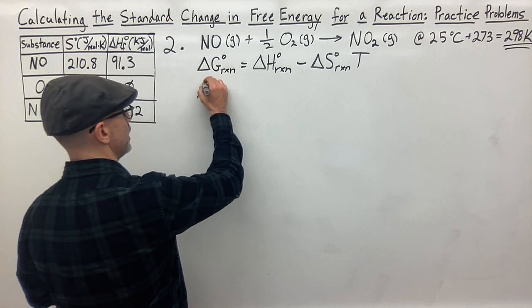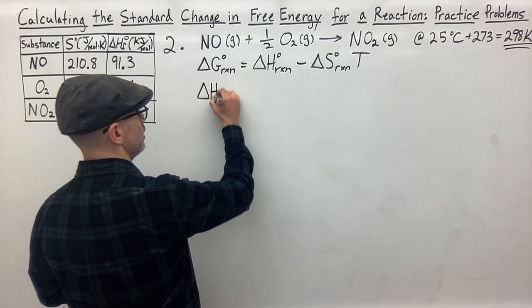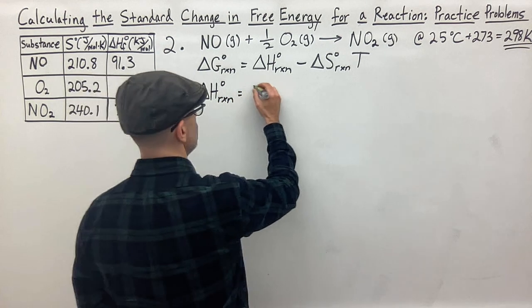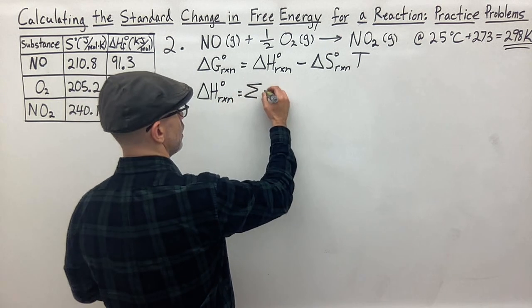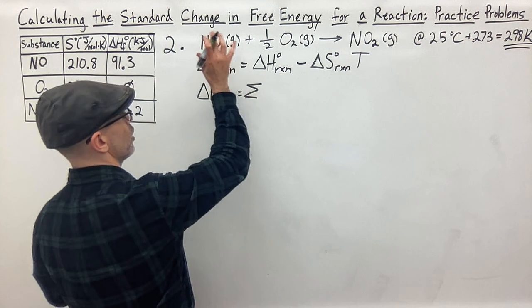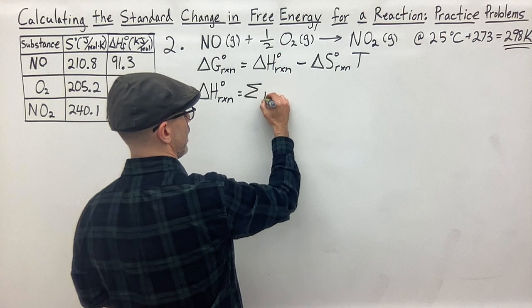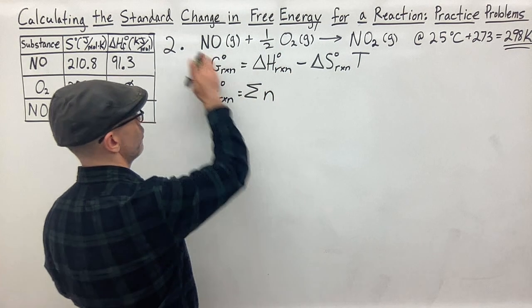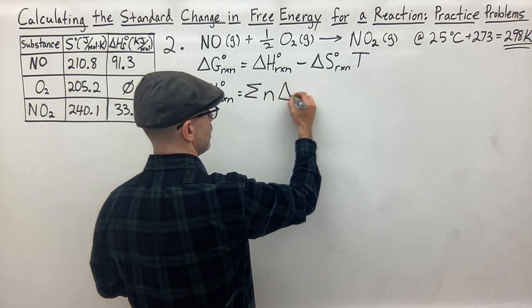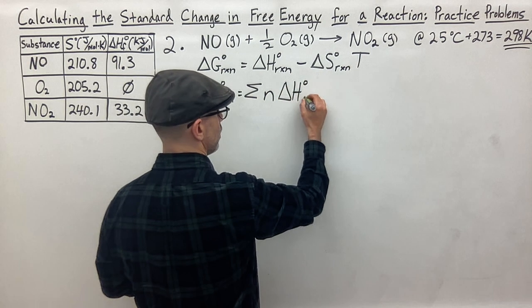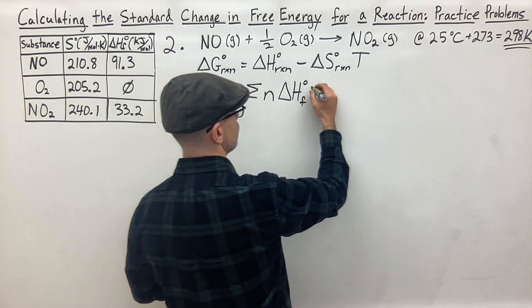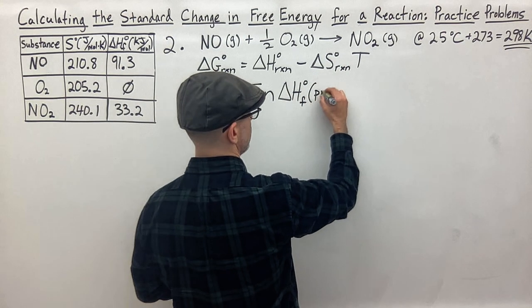So we know that the standard enthalpy change of a reaction is equal to the sum of the heats of formation of the products multiplied by their coefficients. So n is the number of moles from the coefficient, multiplied by the standard heats of formation of the products. So it's going to be products minus reactants. If I said reactants earlier, that was a mistake.